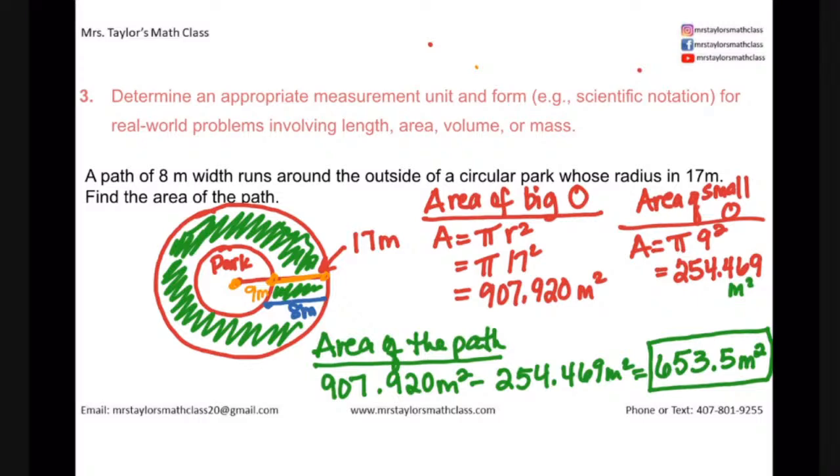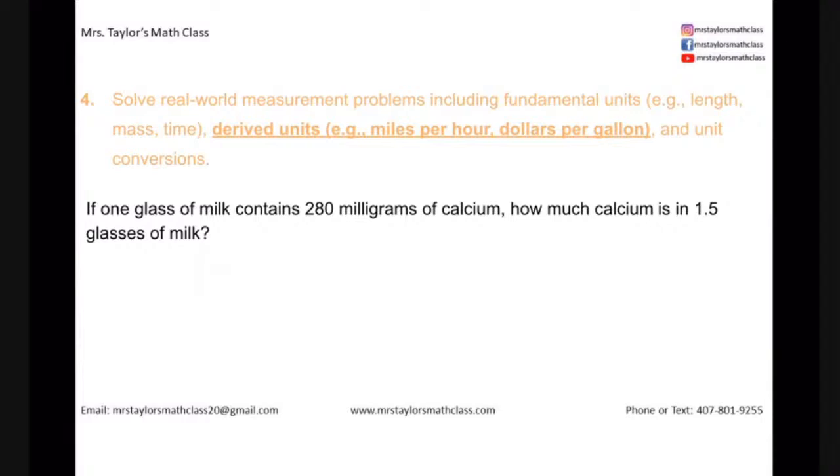Okay, let's go to another one. All right, so we're on to strand number 4. Of course, we have to solve real-world measurement problems, including fundamental units, length, mass, time, and derived units. I underlined this because that's the portion I'm working with, the derived units.